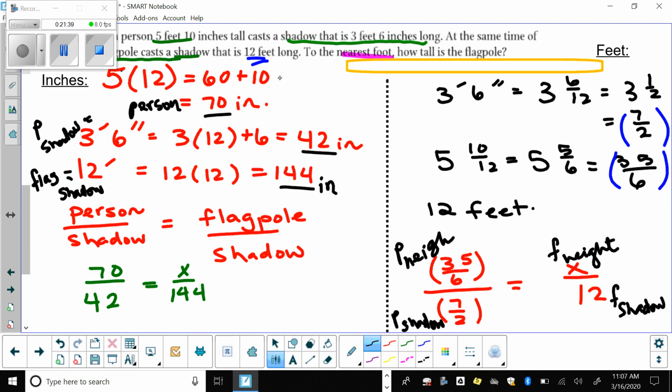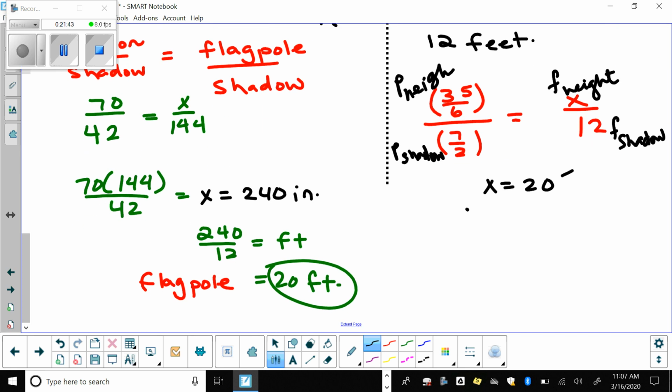It is 12 feet. And ta-da, I get the same answer as my other setup where I converted everything to inches first.